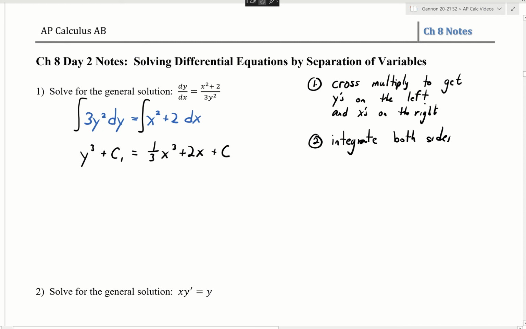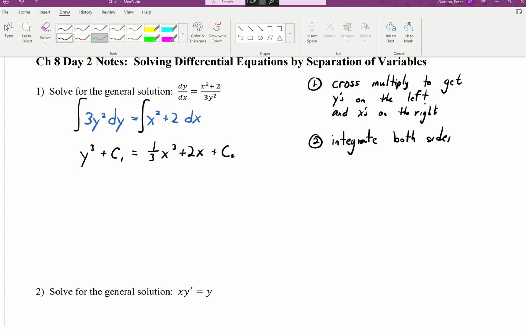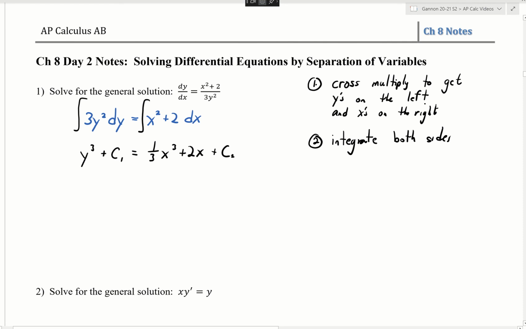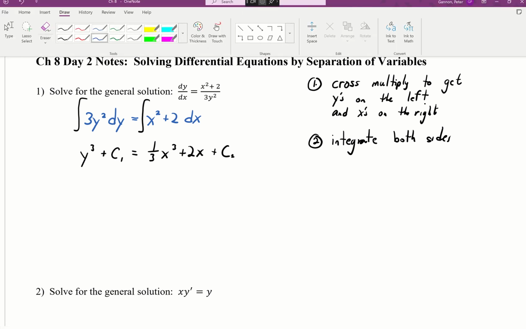Now, one thing you might want to pay attention to is that there are two c's, and they are different. They could be different values. But because they're both constants, we don't need c's to be on both sides. So if you were to move C1 over with C sub 2, it's just going to become some other constant, some other C. So you really only have to put the constant on the right side when you're solving these.